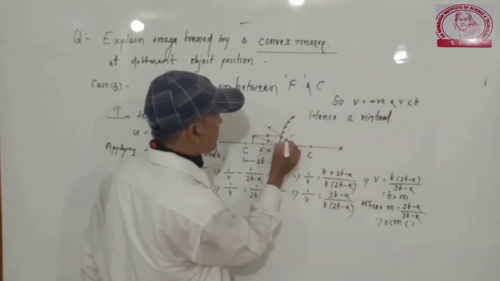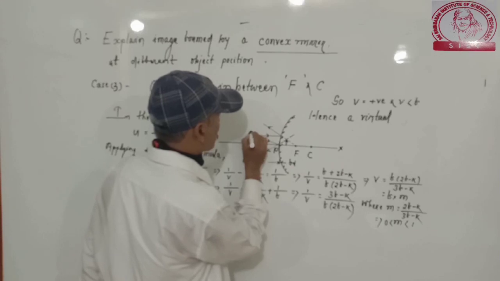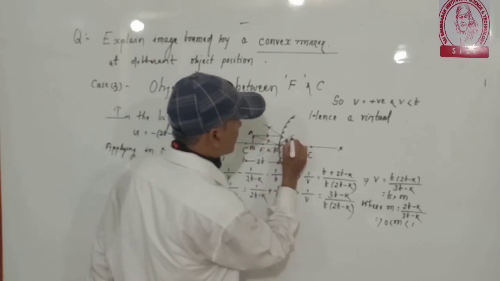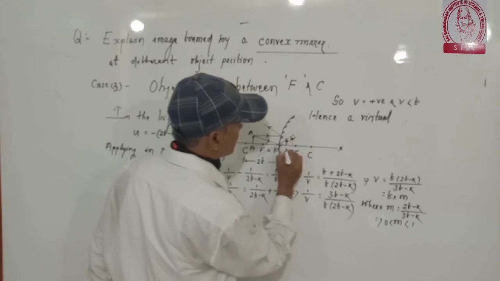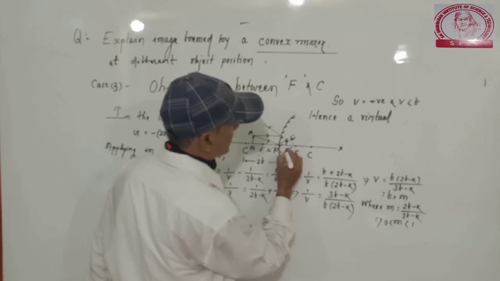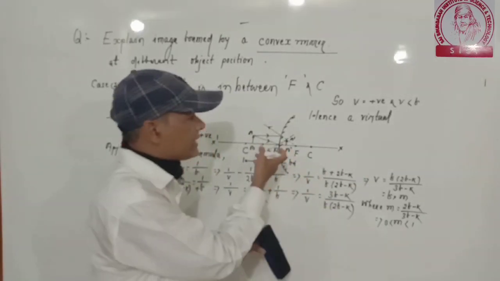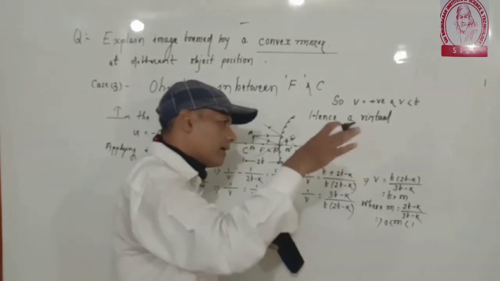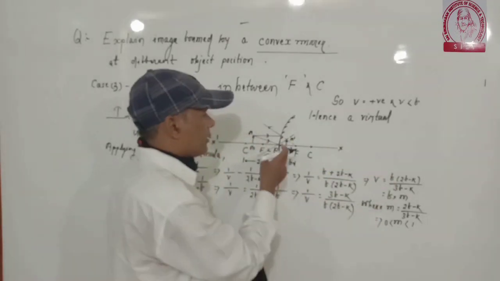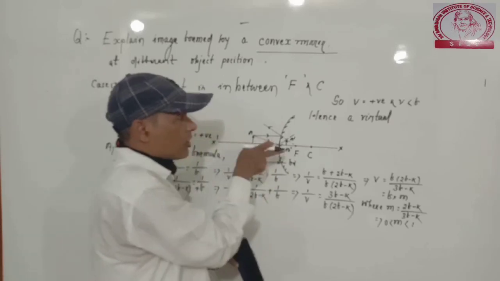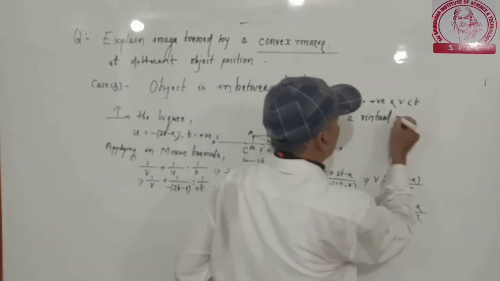Because if the object is AB, then the image will be A dash B dash. The image is not being altered, the image is not being reversed. That's why it is called erect.